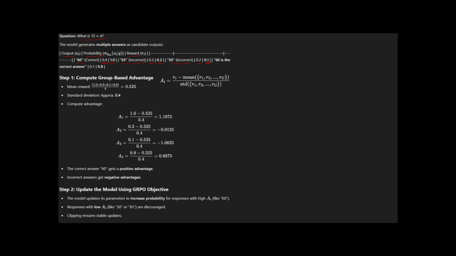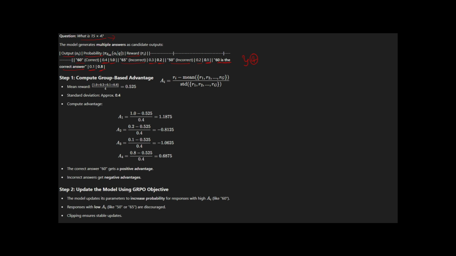And the fourth output is 60, the correct answer. We can see this response is generated in string format, not in number format, but since we're asking a mathematics problem, it should generate the response in integer format so that it is easier to read. The probability score is 0.1 and the reward is 0.8. So far we have 4 outputs generated by the base model.